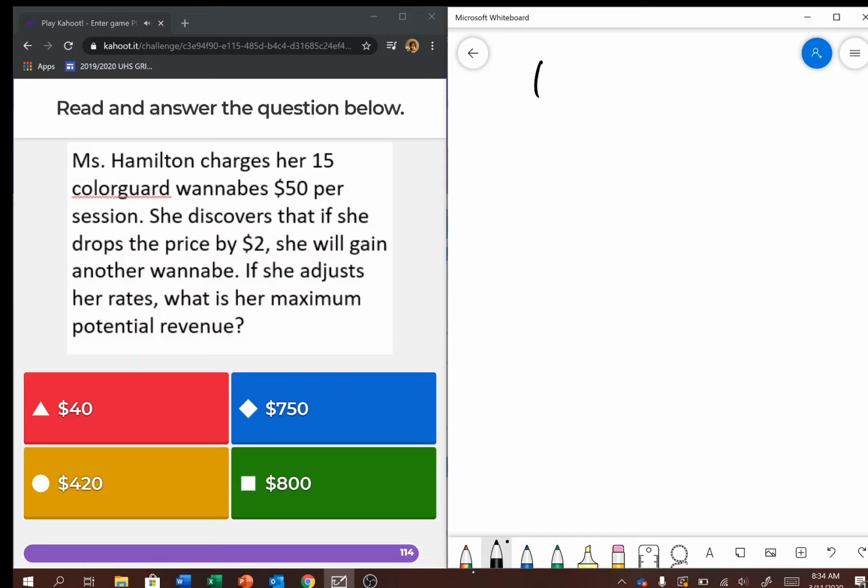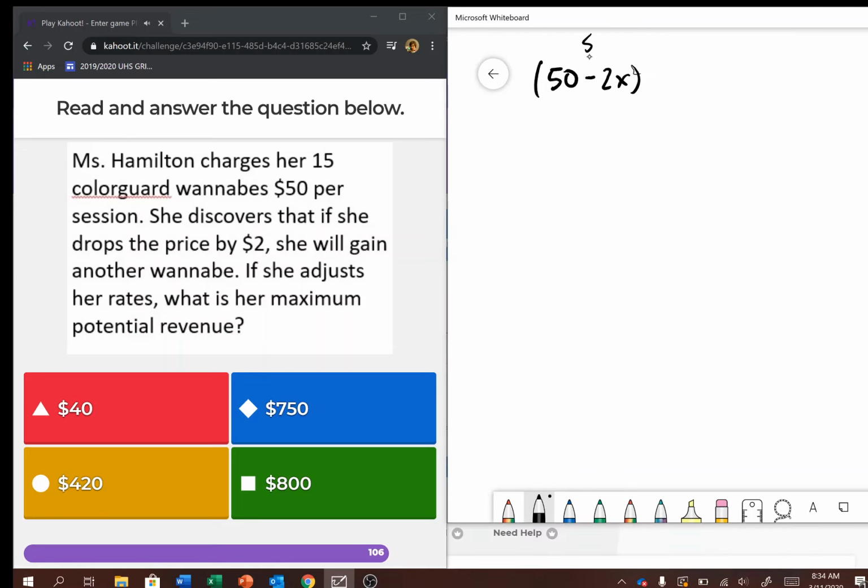So she has $50 per session, and she's gonna drop the price by $2 some number of times. That's the money part of it. The number of people part is, she's got 15 of them, and if she drops her price, she gets another one, so plus x.